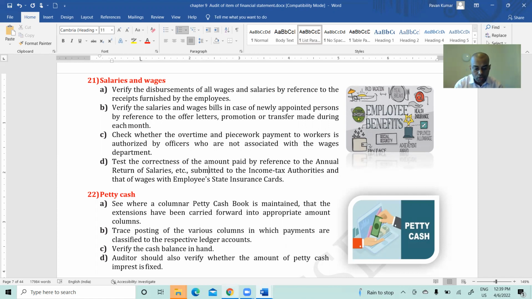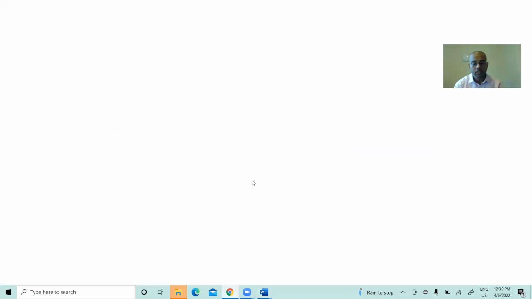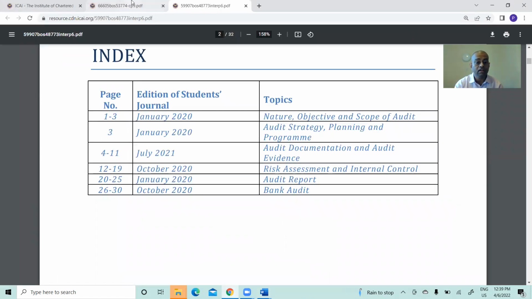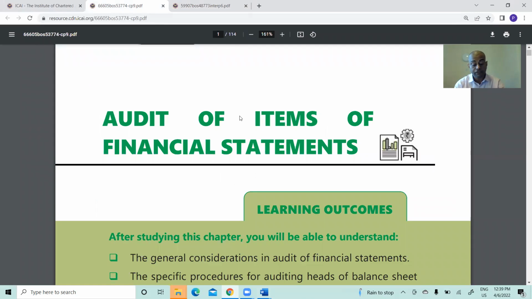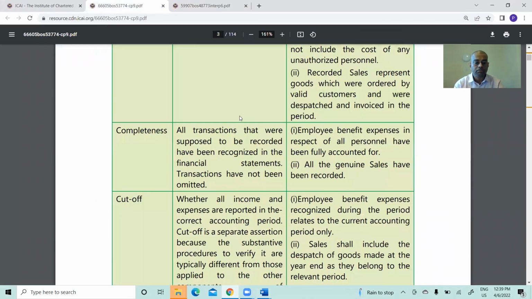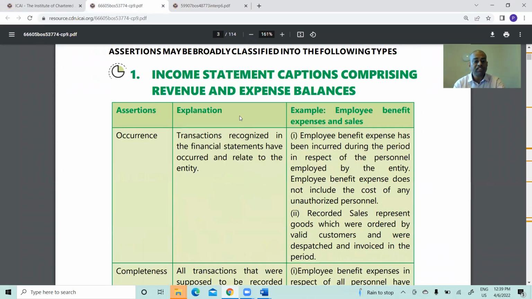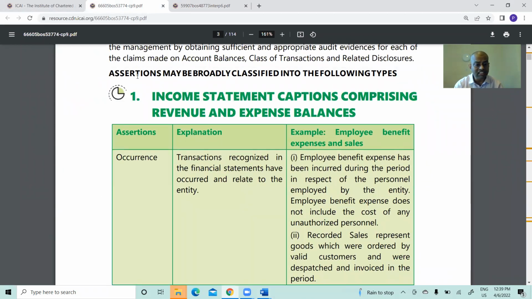Okay, now when you go to the ICAI study material, this is our beautiful ICAI study material. If you go to salaries, first they started with assertions. This we have already completed in the previous session, that is the reason I'm not repeating.